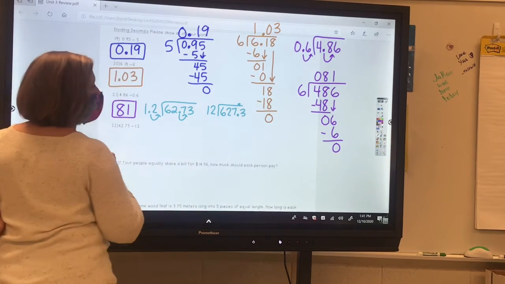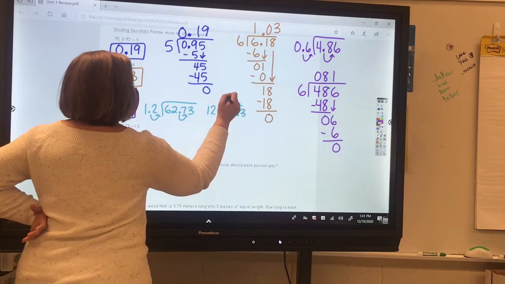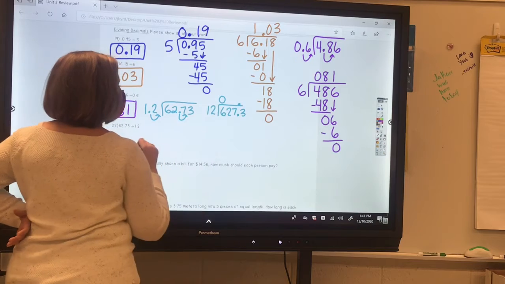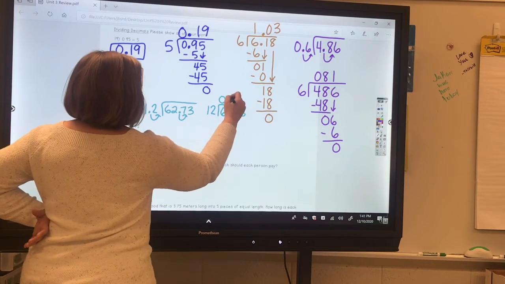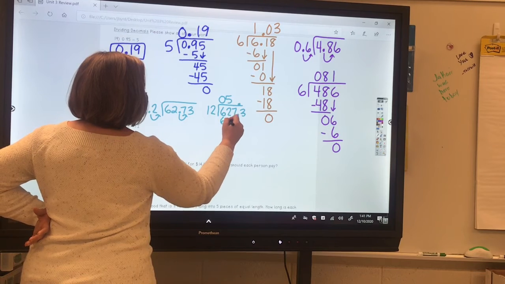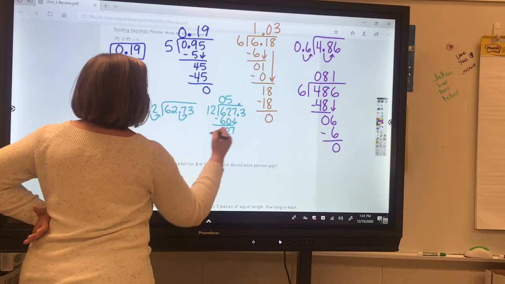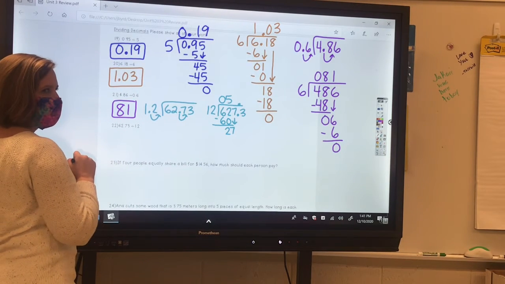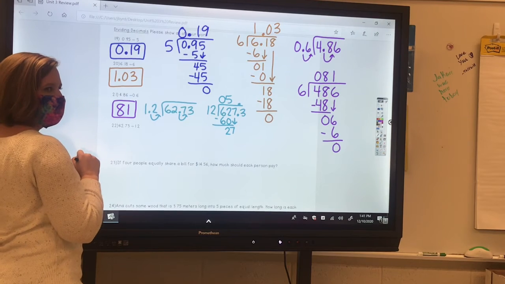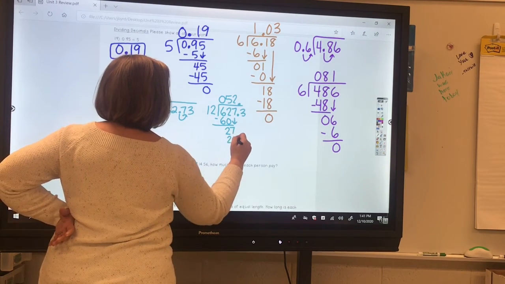How many times will 12 go into 6? 0. 62. 5 times 12 is 60. How many times will 12 go into 27? 2. 2 times 12 is 24.